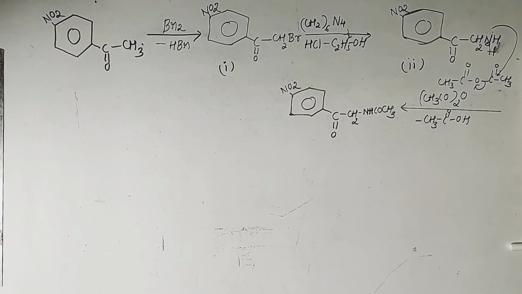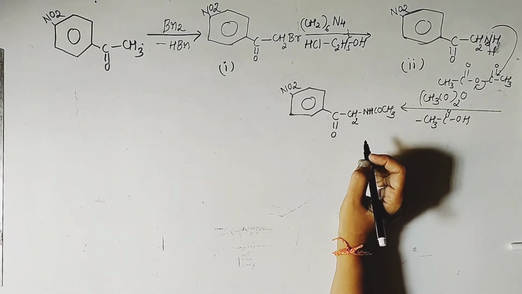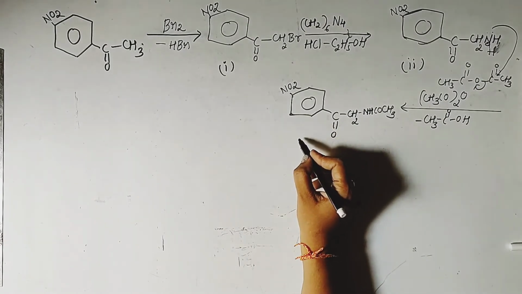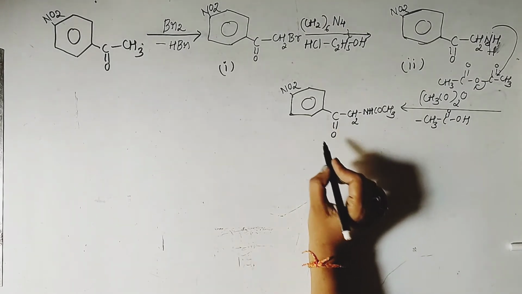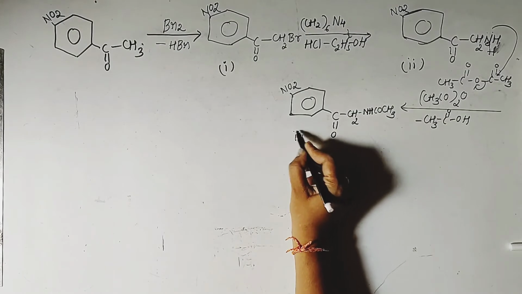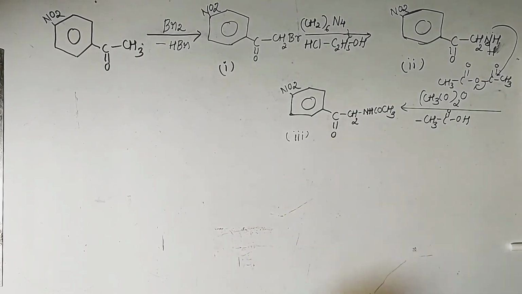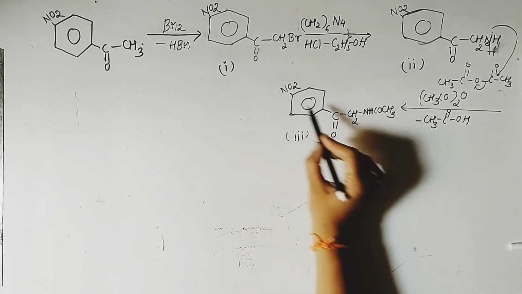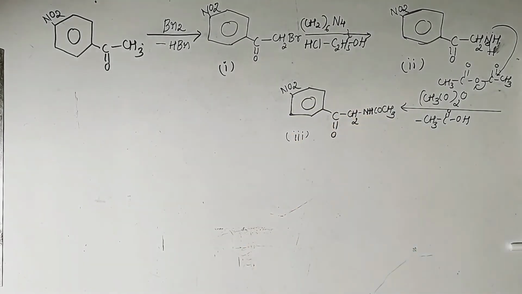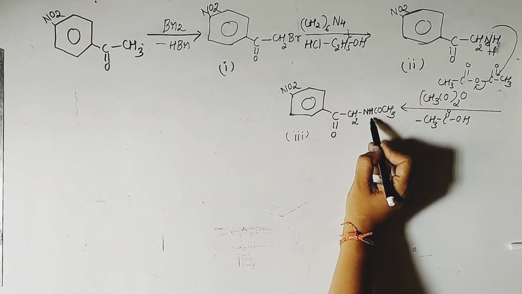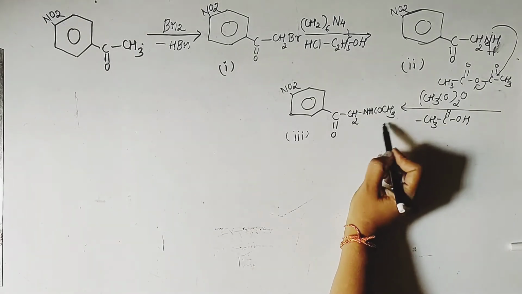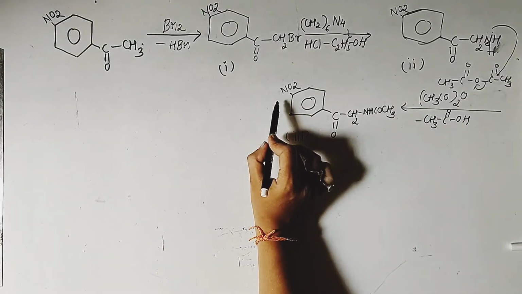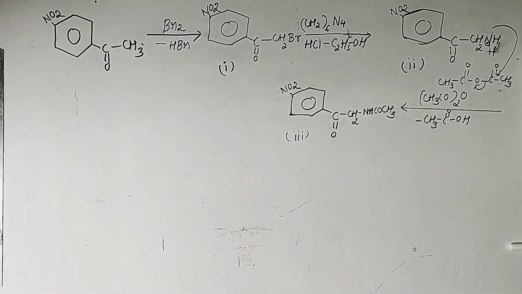This intermediate product we will mention as intermediate 3. It is named alpha acetamido para nitro acetophenone. At the alpha position, the acetamide group is there.